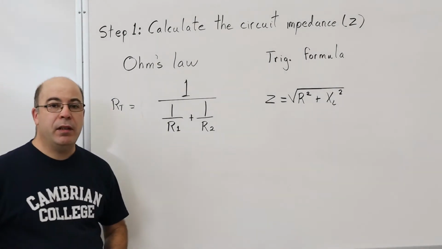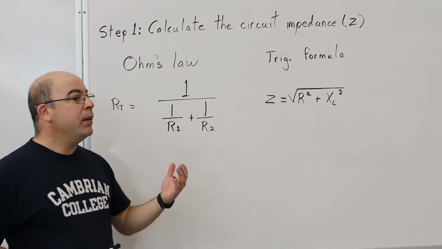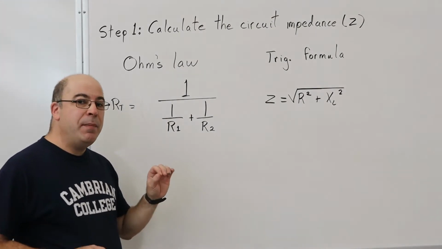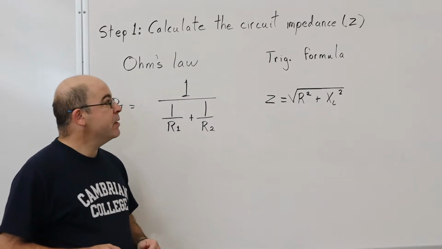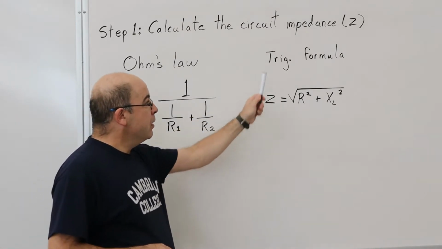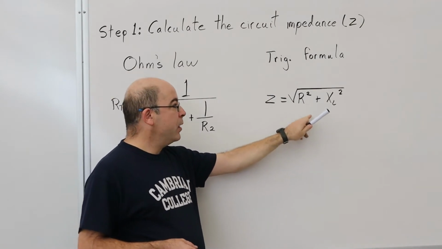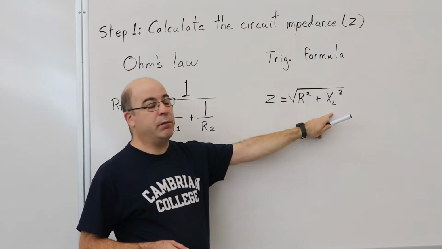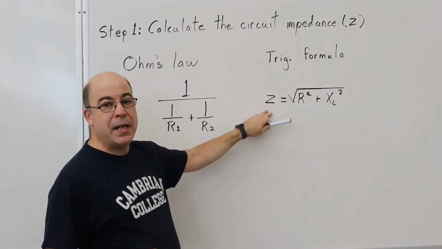Step 1, calculating the circuit impedance. Now, we're working with a parallel circuit, and there's going to be some slight modifications. Before, when we worked with a series circuit, to find the impedance, we just took the value of resistance squared plus the value of inductive reactance squared, square root, and we got a value for impedance.